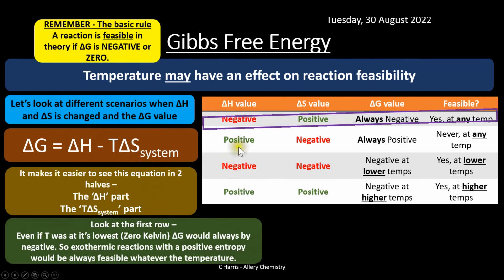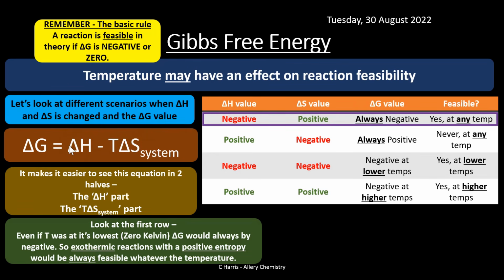So let's look at this first row right at the top here. If the delta H, this bit, is negative, remember, the negative value means that enthalpically it is favorable, because that's an exothermic reaction. Delta S is positive, that's an entropically favorable reaction.